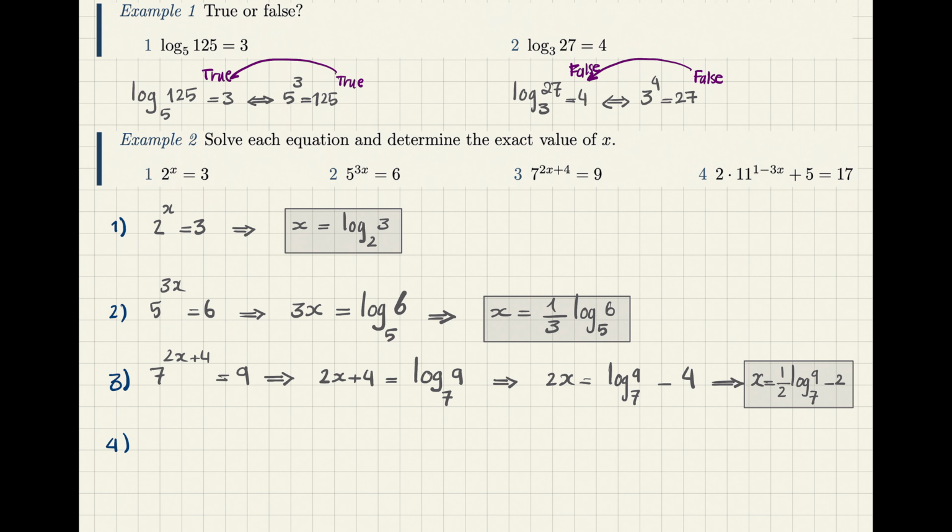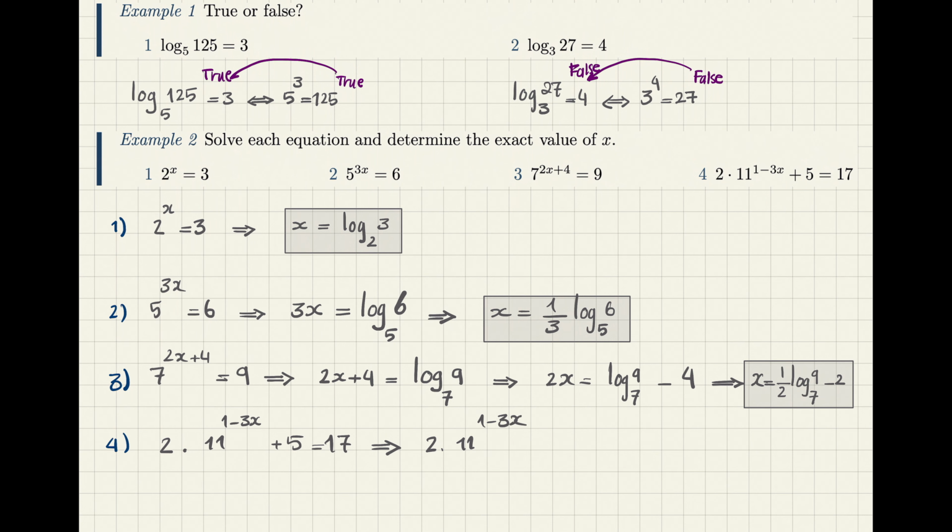So if I want to solve it formally, I would say 2 times 11 to the power of 1 minus 3x, plus 5 equals 17. The first thing that I do, I add minus 5 to both sides, or in other words, I move 5 to the right and make it negative. So let me just write it step by step patiently.